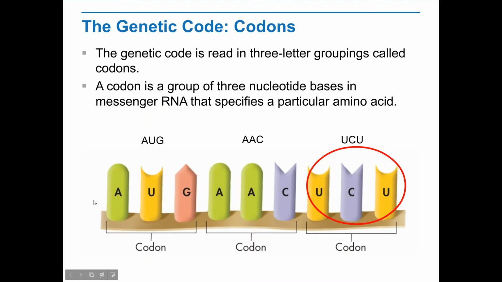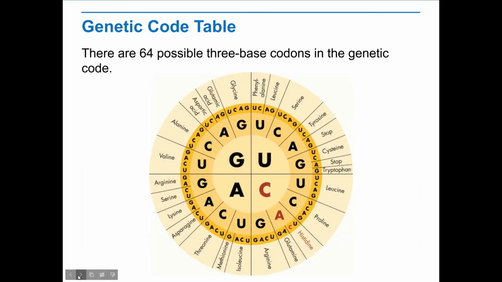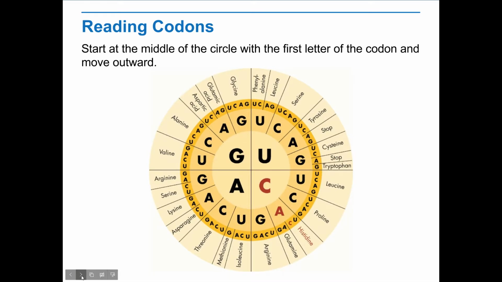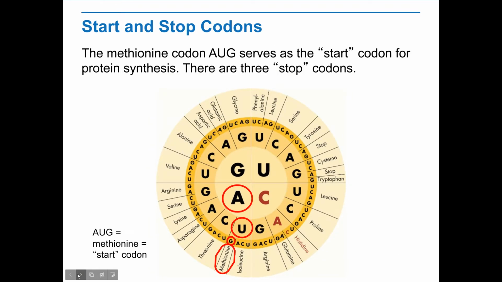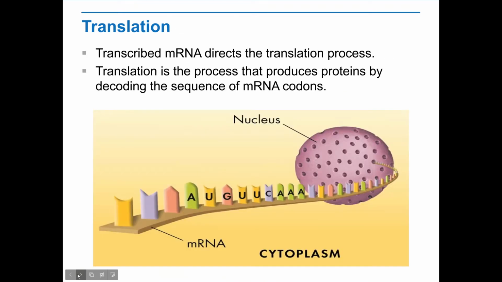So AUG, we would start here in the middle, and AUG codes for a specific amino acid called methionine. You can see how each one of these codes for something a little different. Like I said, you start in the middle and you move out.